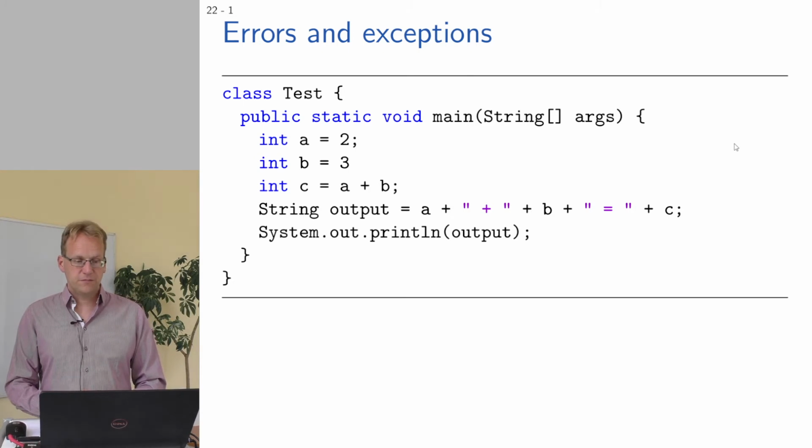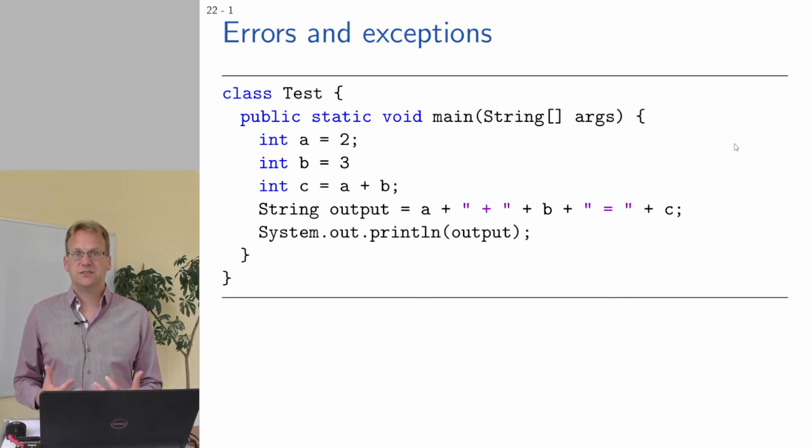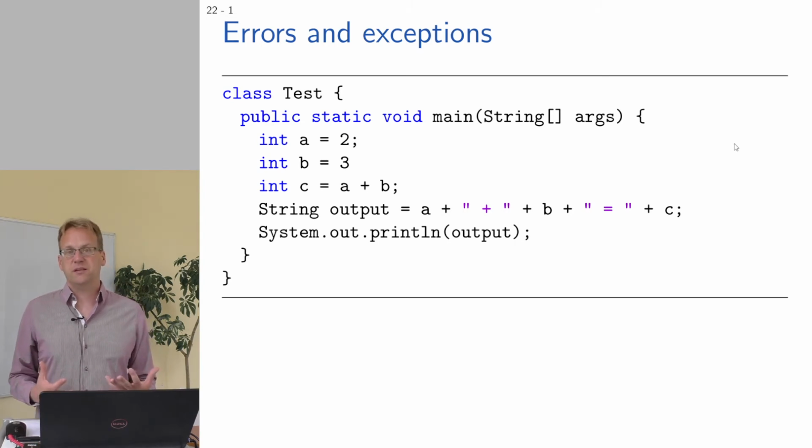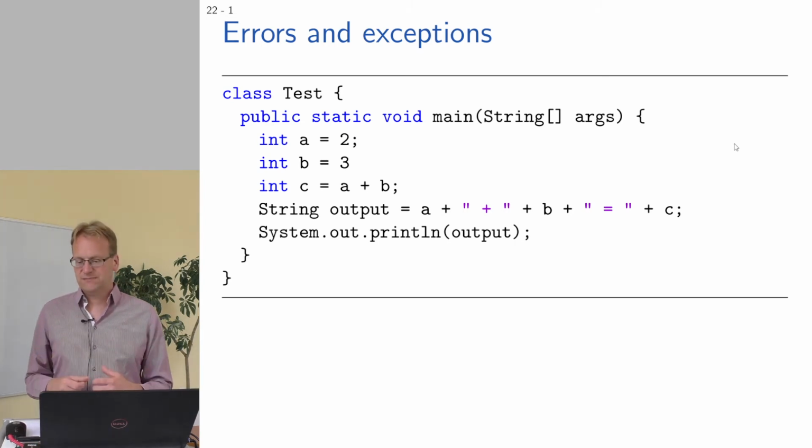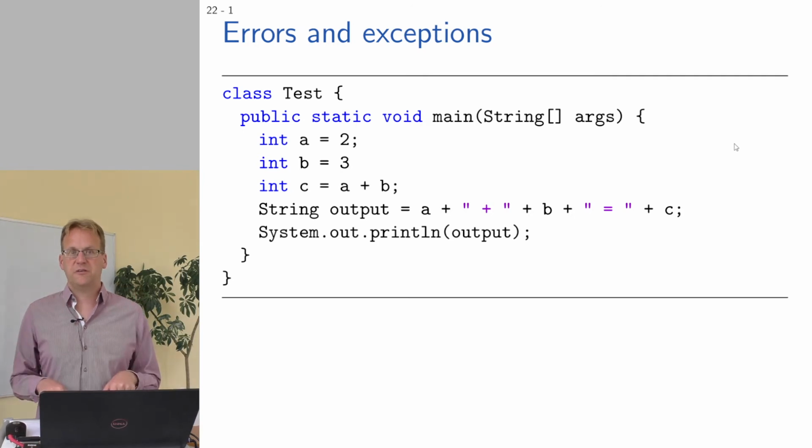Okay, so what we need to understand if we do such programming and if we implement more complex programs is, of course, that very commonly we will make errors. That is unavoidable. Yeah, it's rather an exception that I write down the code and it is correct from the beginning.